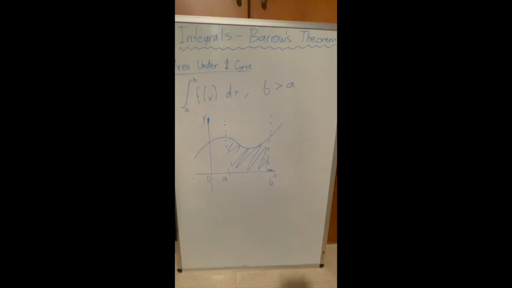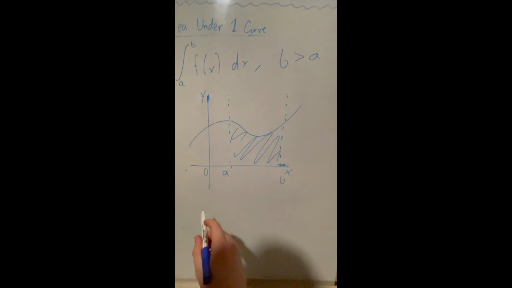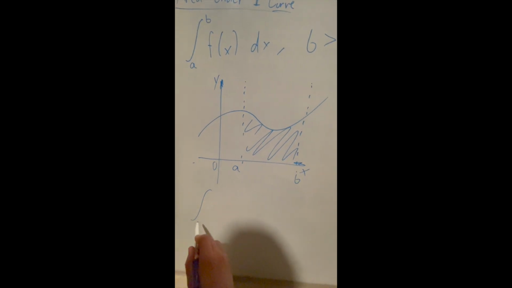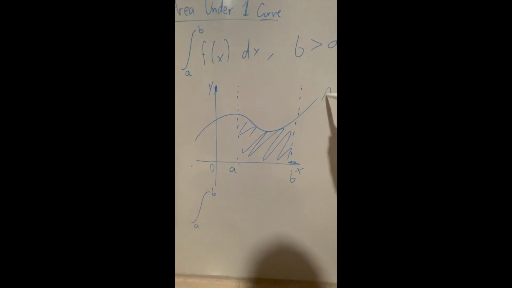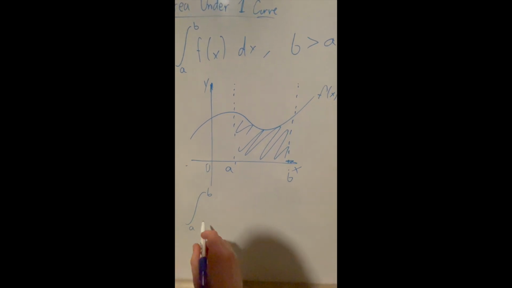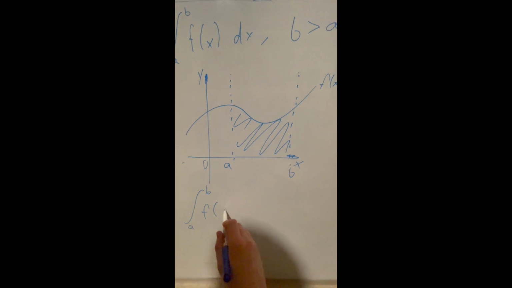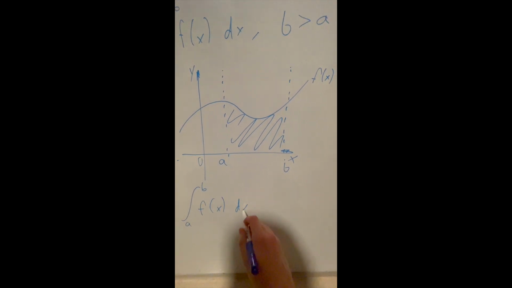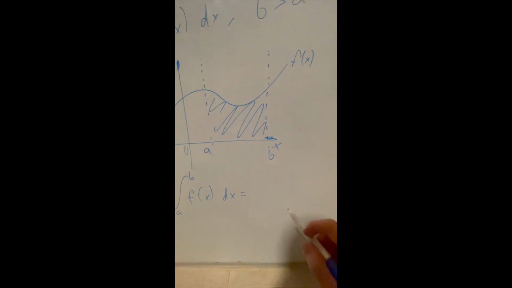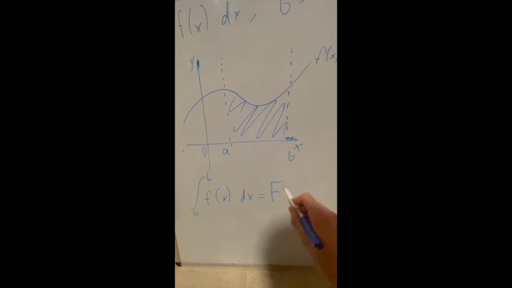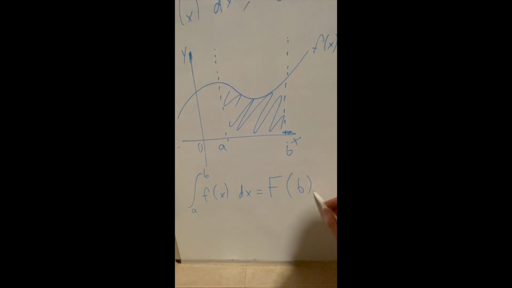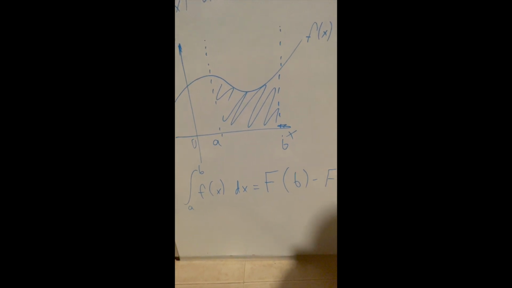The following formula is quite simple. It is simply the integral from A to B of f of x dx, equal to, and since it's a definite integral, this is going to give us F of b minus F of a.